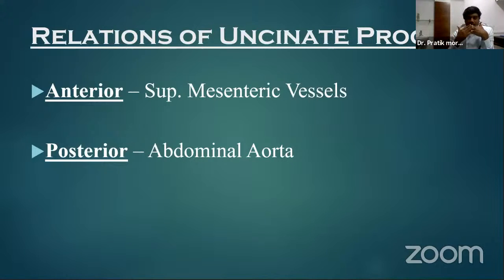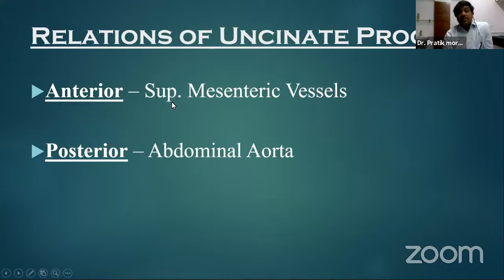So are you getting the course? It is present in front of one part of the pancreas, that is the uncinate process. But when you see the relation of the neck of the pancreas, it goes behind. And posteriorly, the abdominal aorta.